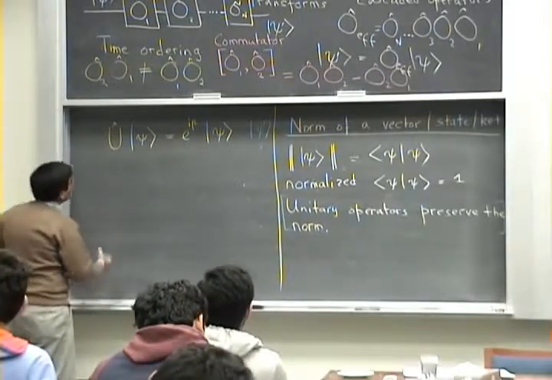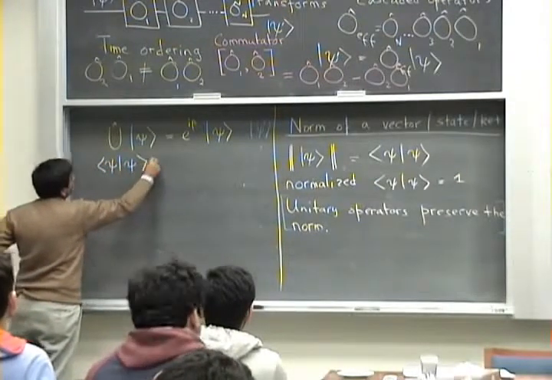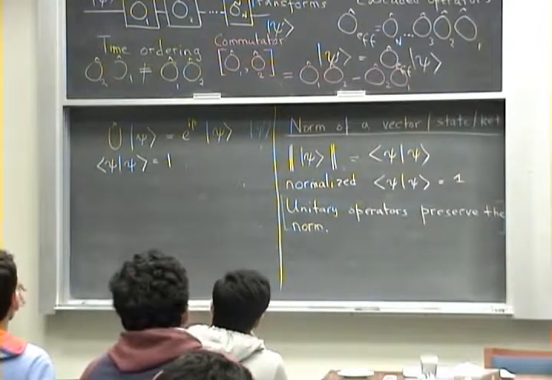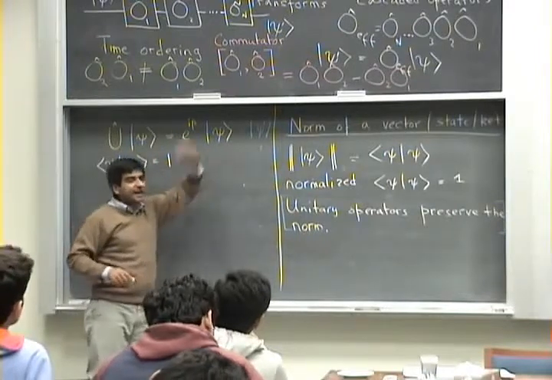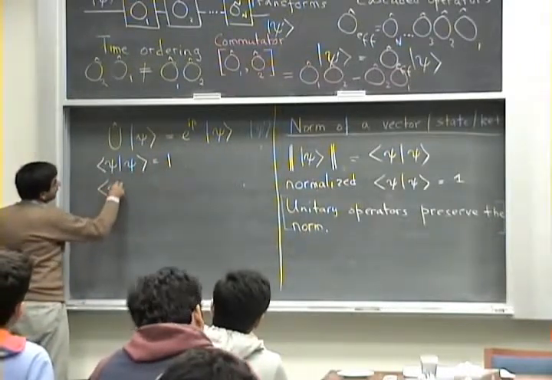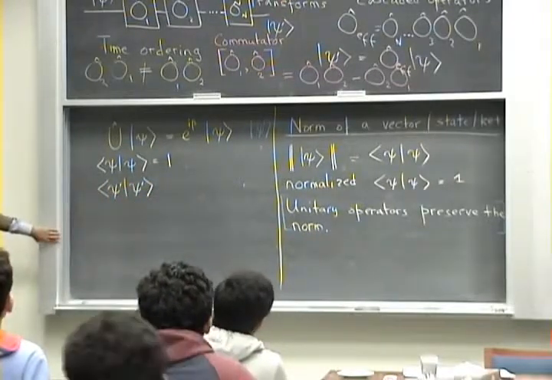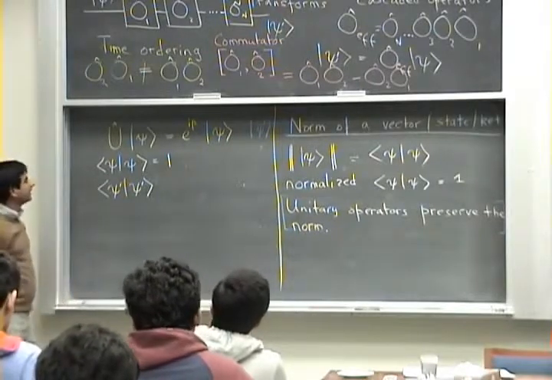Suppose the original state was normalized. What I want to find is, after the unitary operator has acted on the state, what is the norm of the new state? This is unknown. This is what I want to determine.